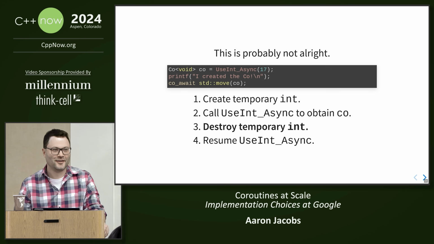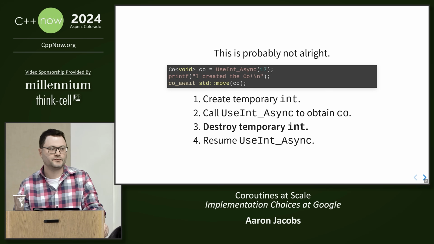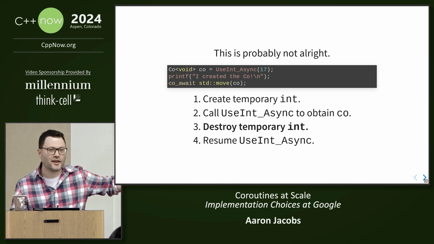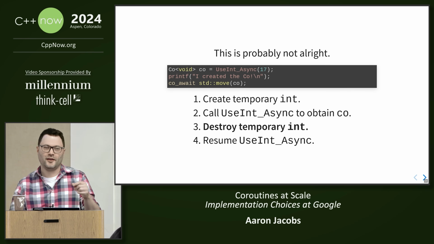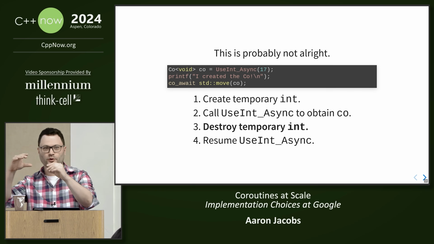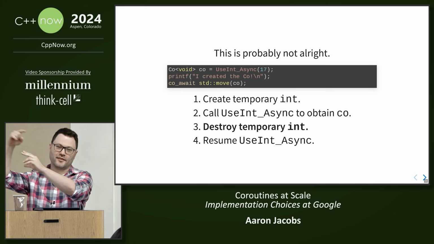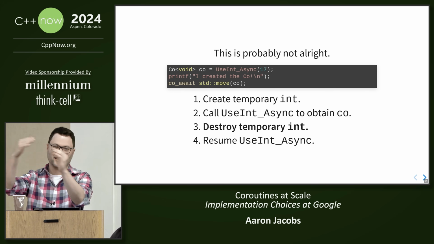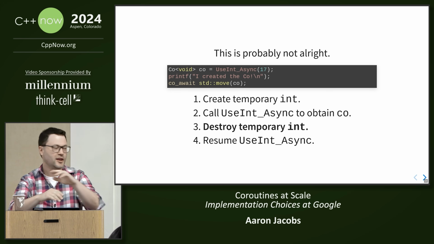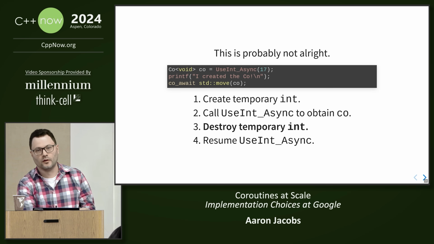It's a reference parameter, and what you're referring to is lifetime extended till the end of that expression. And that's way too soon. Yeah, in this case, the temporary is destroyed. I think you mean the lifetime extension where you write const int foo equals call function, and if that thing returns an int, then it's lifetime extended till the end of the scope. But no, that doesn't happen for function parameters here.